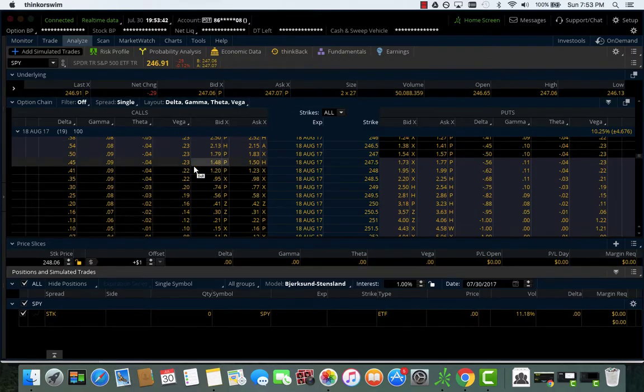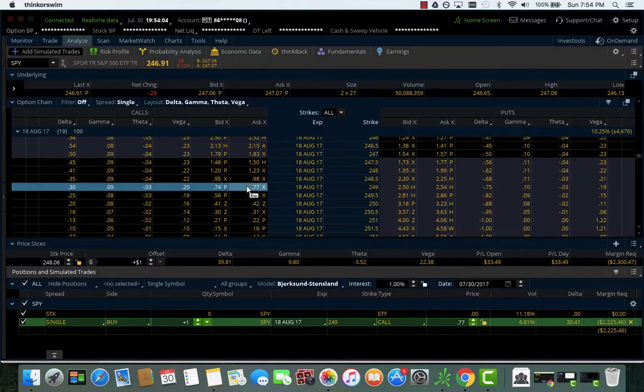So what will happen if we own a 30 delta call and SPY goes up $1? How much should we make or lose on that option? Now remember, delta measures the predicted price movement of an option per every $1 move in the underlying stock. Let's simulate a buy. Great.